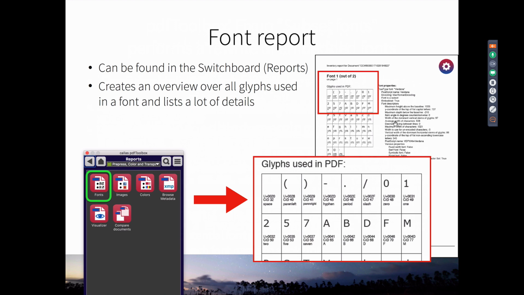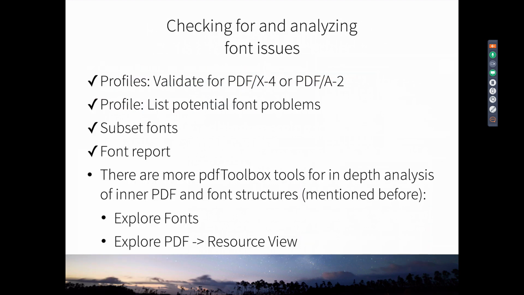On each page of the font report you will get a summary of the font properties and all the glyphs in there, and whether the glyphs can be translated to Unicode and to what code points. So you have lots of information about the fonts as embedded into the PDF file. And so we have covered subset fonts and font report as well.